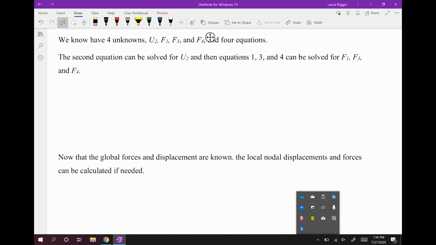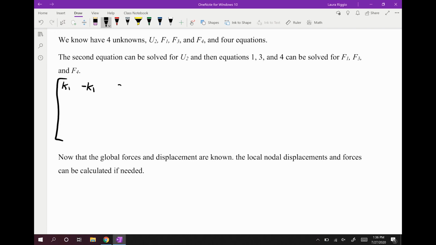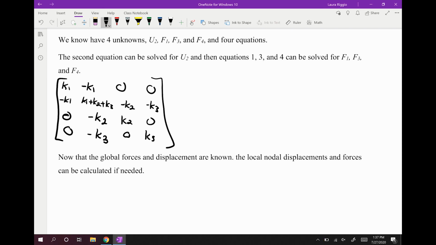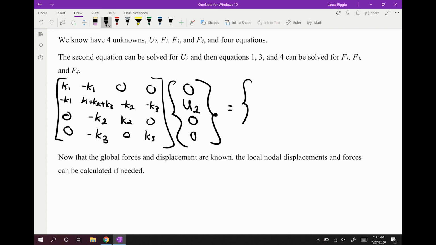If we look at our system, we have our stiffness matrix, K1 minus K1, times, I'm going to fill in our displacements, 0, U2 is still unknown, 0, 0, is equal to our forces.